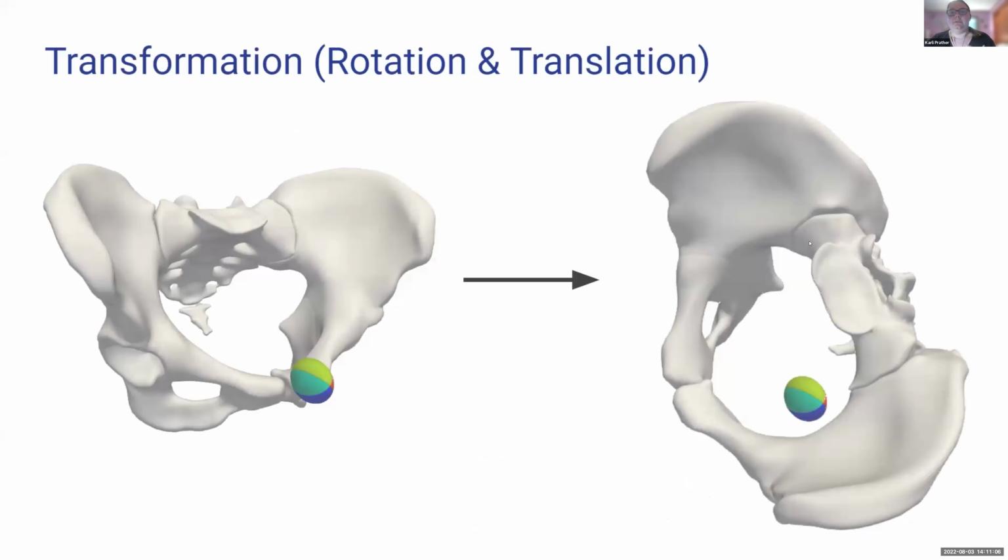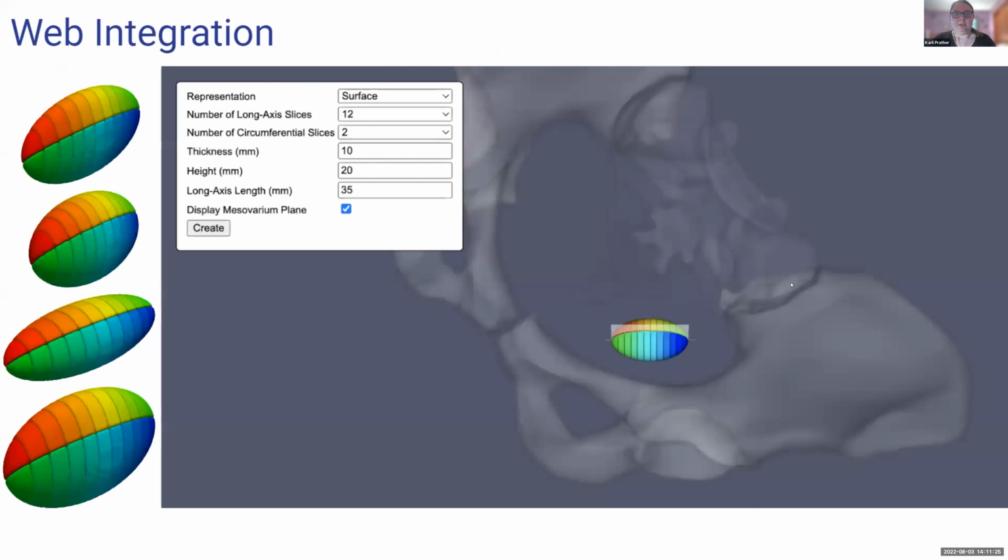And then after scaling, since it's not been transformed or really put in a relative position to the ovary, we rotate that pelvis and translate it over so that it makes sense as to where that ovary actually is relative to the pelvis.